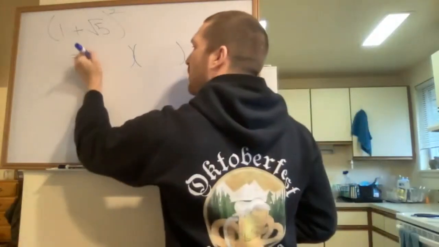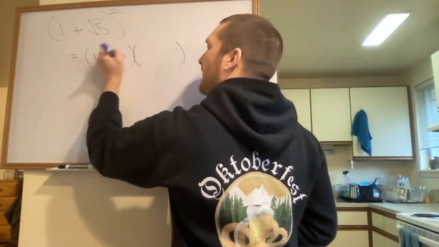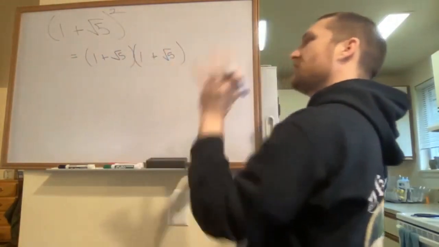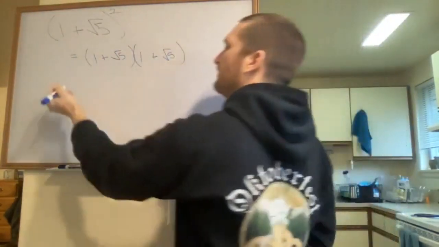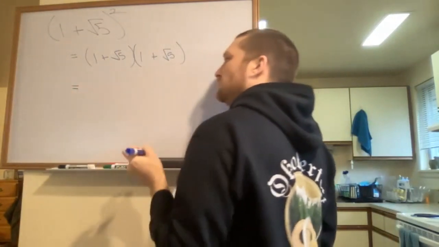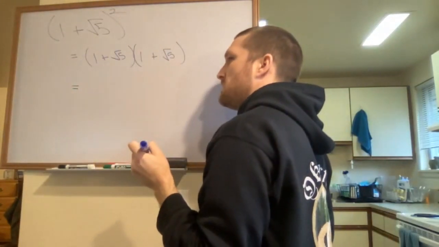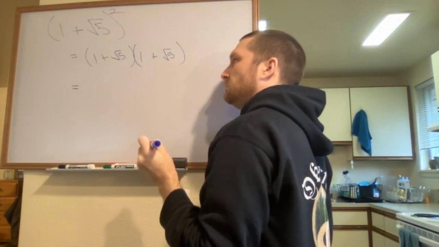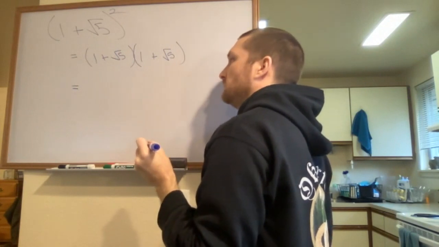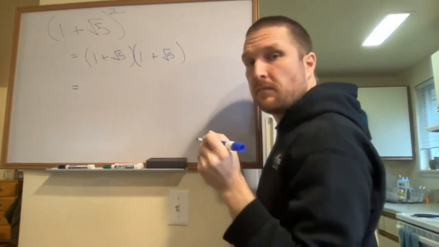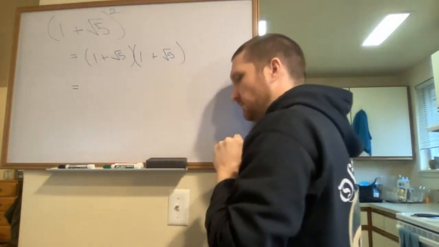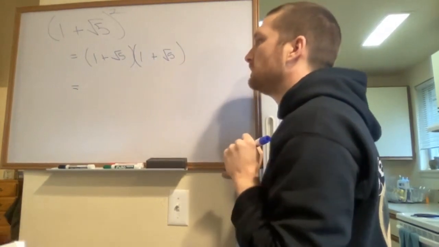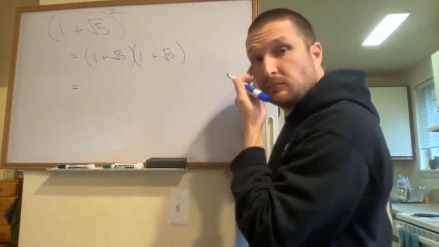And so we have 1 plus the square root of 5 times 1 plus the square root of 5. Okay. First, outer, inner, last. What do I get for first? 1. Just 1, right?